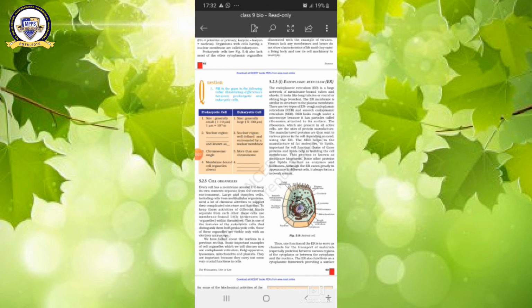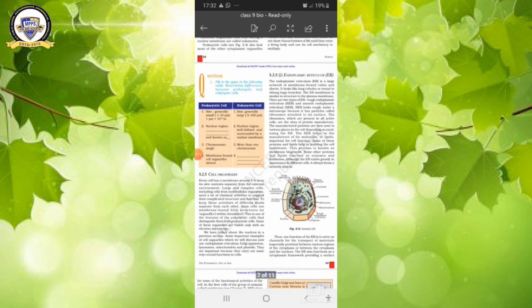Some of these proteins and lipids help in the building of the cell membrane, and this process is known as membrane biogenesis. Some other proteins and lipids function as enzymes and hormones.